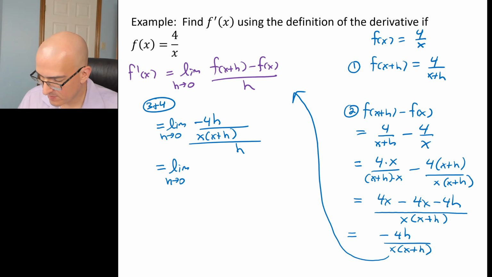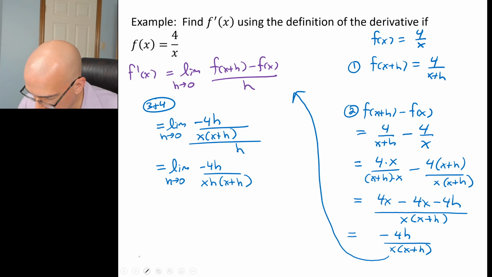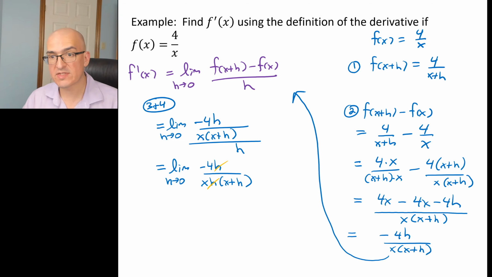I'm dividing a fraction by h, so that's the fraction, divide symbol, h. Same as multiplying by 1 over h, which turns into negative 4h over xh times (x plus h). I can cancel the h's top and bottom now. Previous to that, it was 0 over 0.